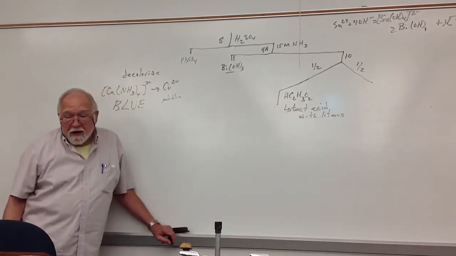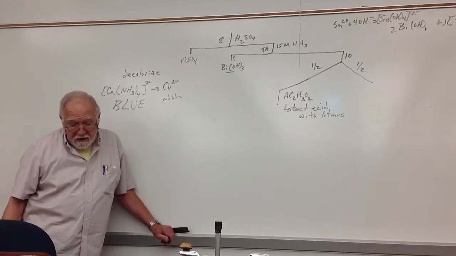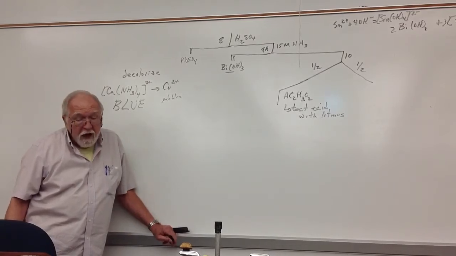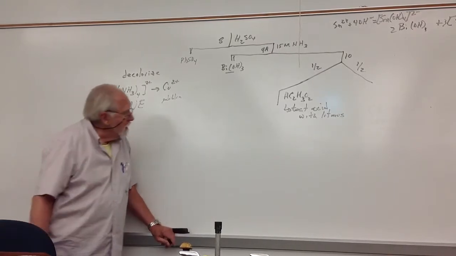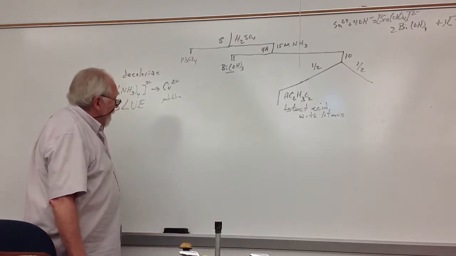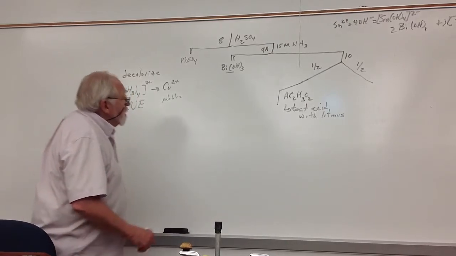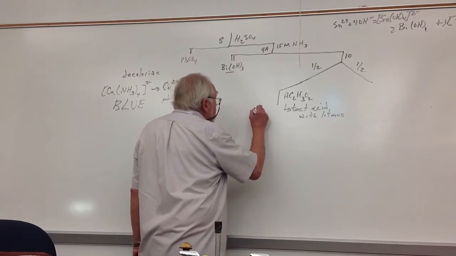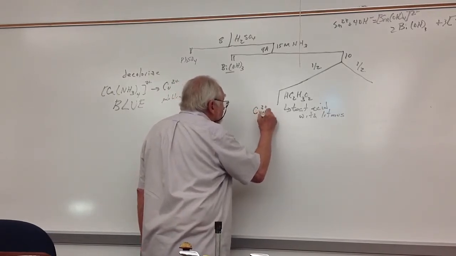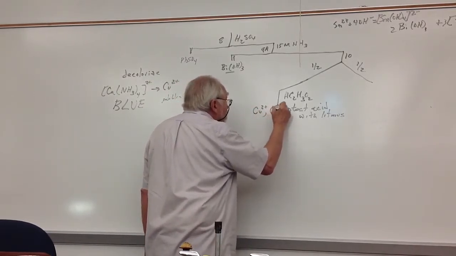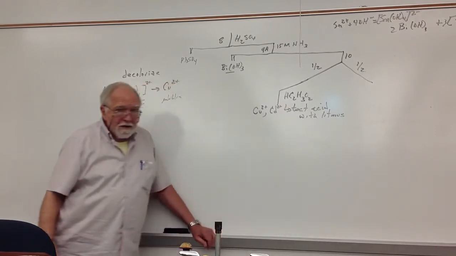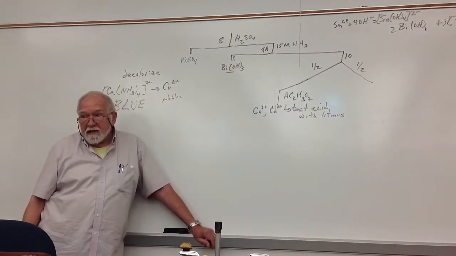Essentially that breaks down the complex when you make it acidic, converts the ammonia to the ammonium ion, an acid-base reaction. And now in that solution, you're going to have both of these, copper ion and cadmium ion.